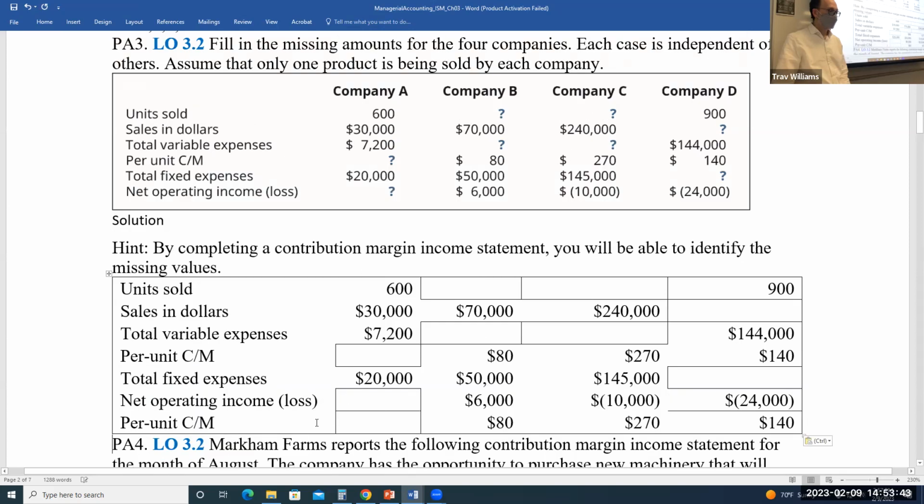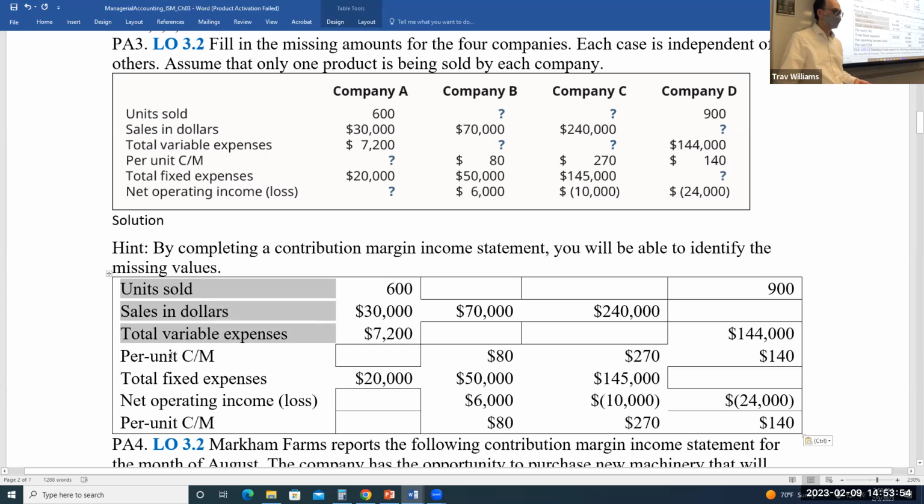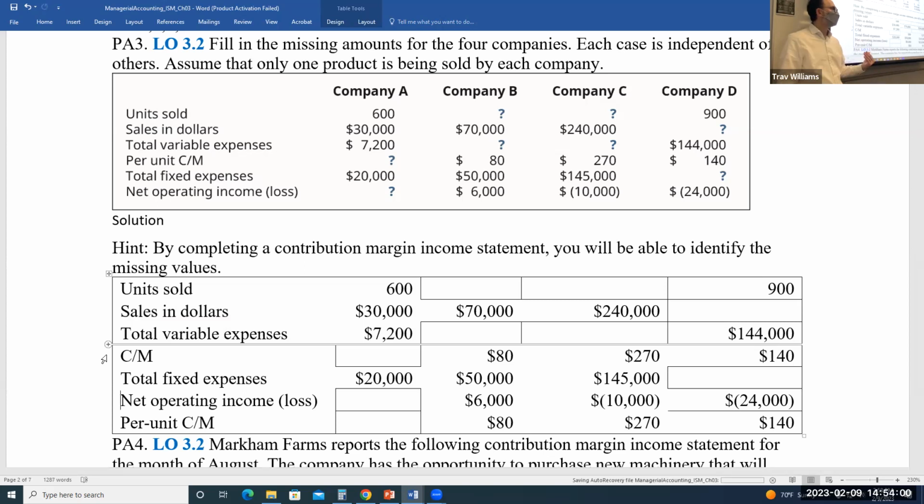Okay. And the reason is this is units sold. This is our total sales, total variable costs. And then all of a sudden we have a per unit amount. Then we have total fixed expenses and net income. So having that per unit in there kind of throws off the flow of everything else being in total dollars.